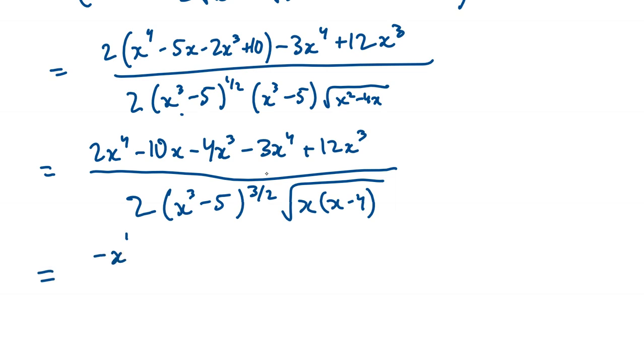Negative x to the fourth. Once you have to expand it, 2 into the 10. Oh, I need the 20 on this one, yeah. That's good. Negative 4 plus 12 is plus 8x cubed. Do I have any x squared terms? I do not. I have one x term.